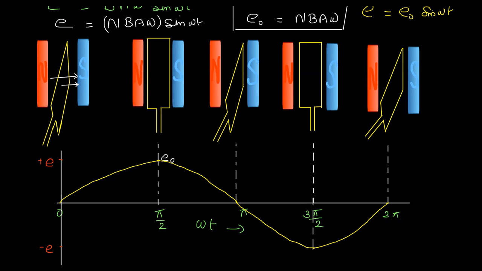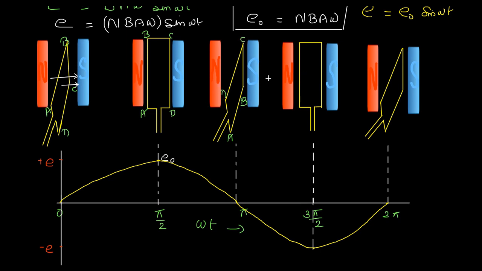So if the coil is named as A, B, C, D, now this is the position of A, B, C, D. Now the coil has come down, so the conductor AB is somewhere down.